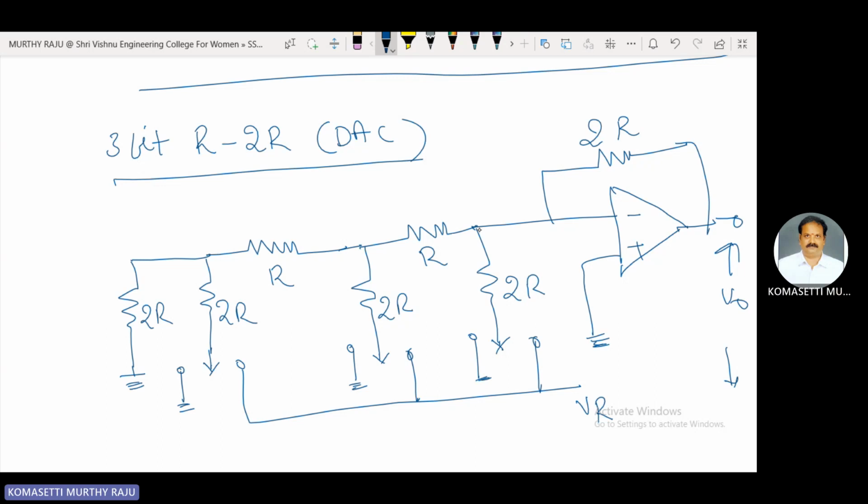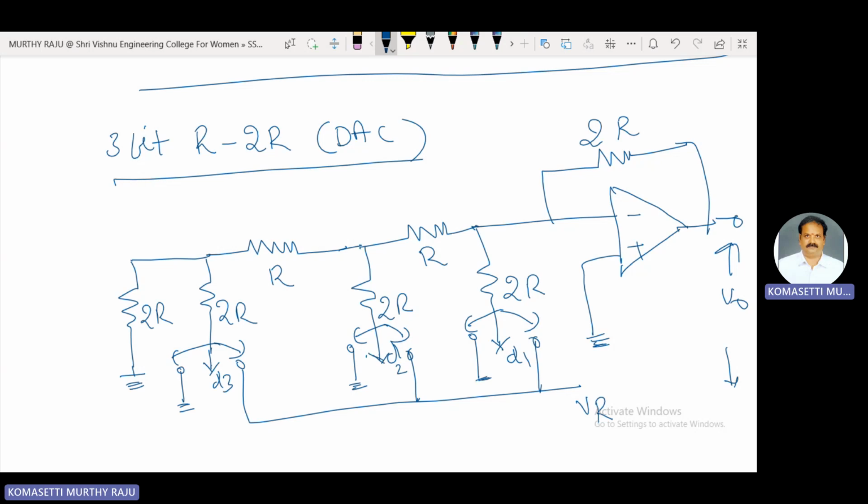2R. This one is D1, D2 and D3. The switches move in this direction or in this direction, depending on the input data, that is the data bits. D1, D2, D3 and VR.